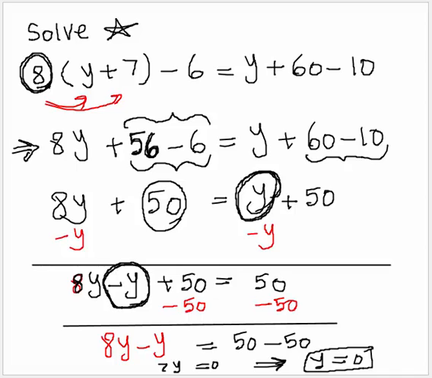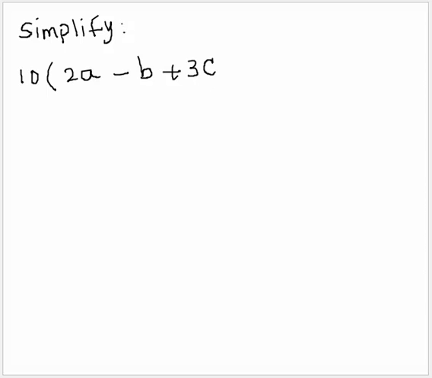Okay, 12H says simplify. Ten times 2a minus b plus 3c, minus 4 times 5a minus b minus c.